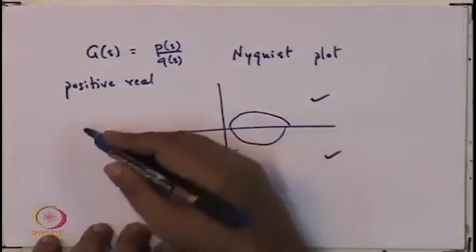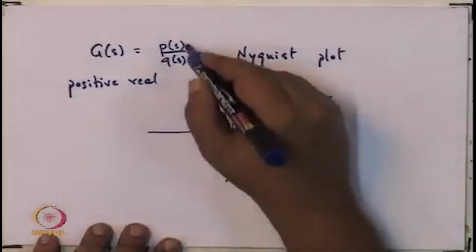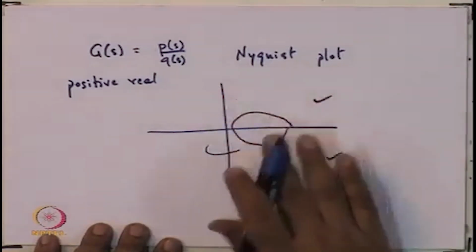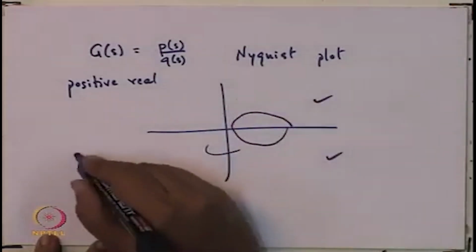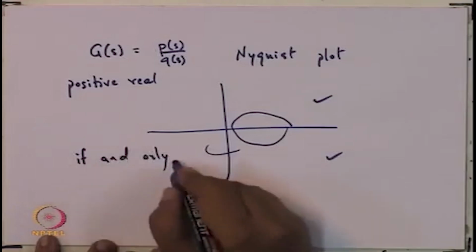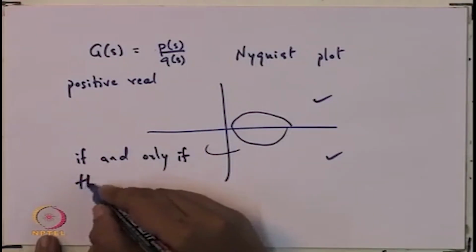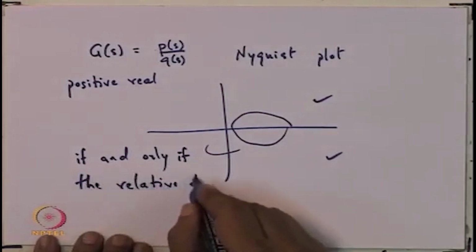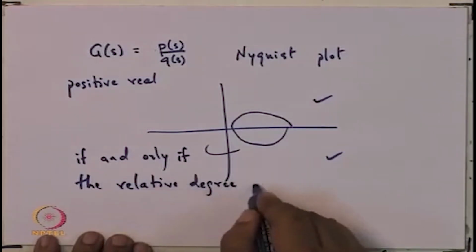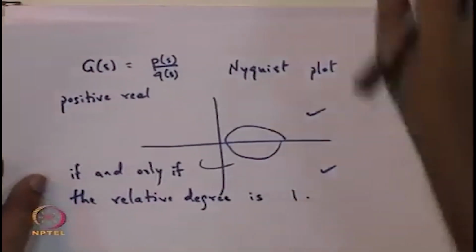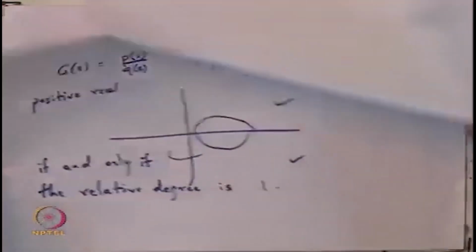So, one observation that you have for the single input single output case is the Nyquist plot is restricted to this half of the complex plane if and only if the relative degree is 1.